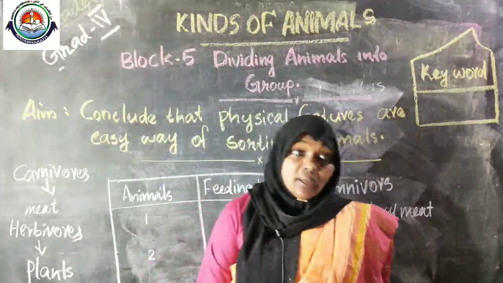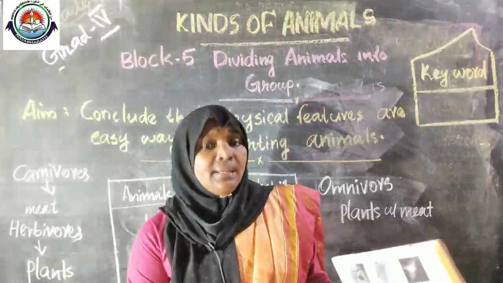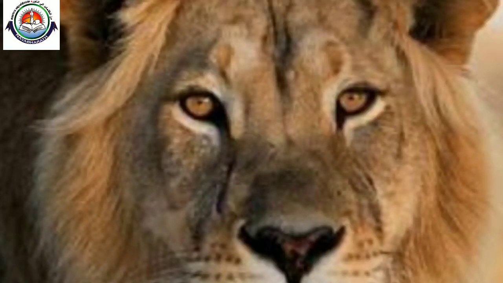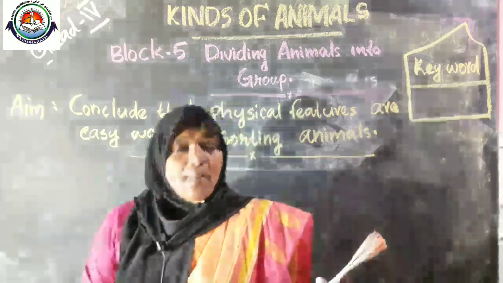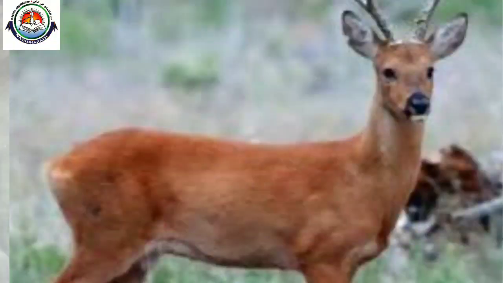Then we have to check where they live. If we take a lion, what's the feeding habit of a lion? A lion eats meat, so we can say a lion is a carnivore. And where does the lion live? Yes, the lion lives on land. Clear? My dear children, please take the picture of the deer. Is a deer a herbivore?